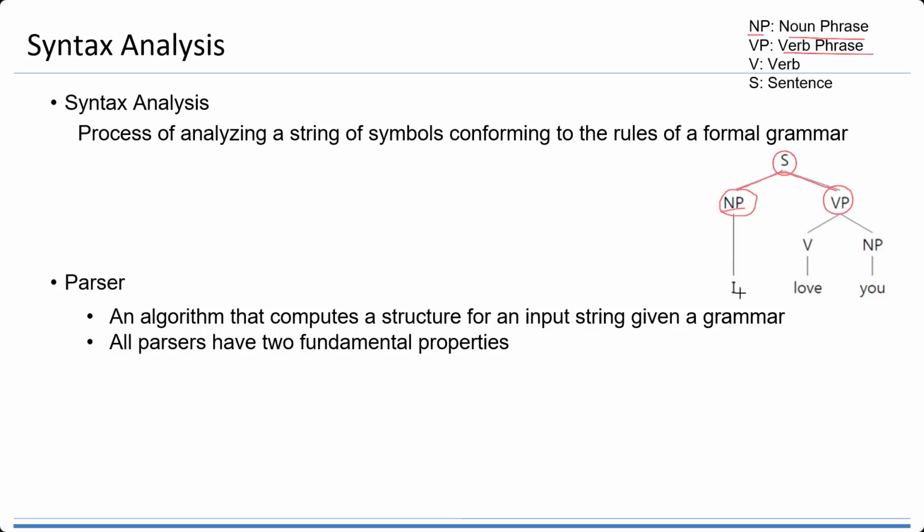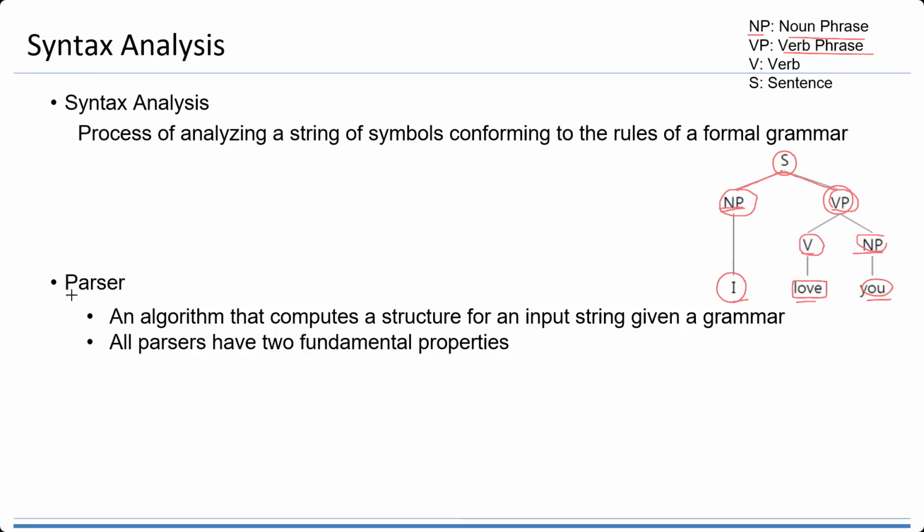So the noun is the word I. In the verb phrase, we have the verb, which is love. And NP, a noun, which is you. So in the sentence I love you, we can identify it is a noun, a verb, and a noun.